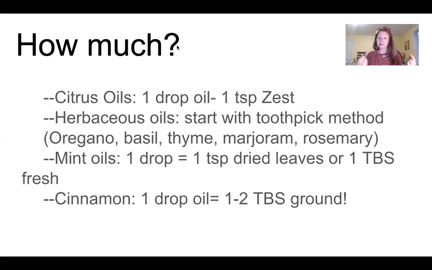In the case of a tomato sauce, you'll dip it in the oregano or the basil, stir the toothpick into your sauce, and then taste it. Then you can do it again and again. The herbaceous oils are really strong and potent, so sometimes 1 drop can be too much. You want to be careful with that and go slow. So the toothpick method is what's recommended for the herbaceous oils.